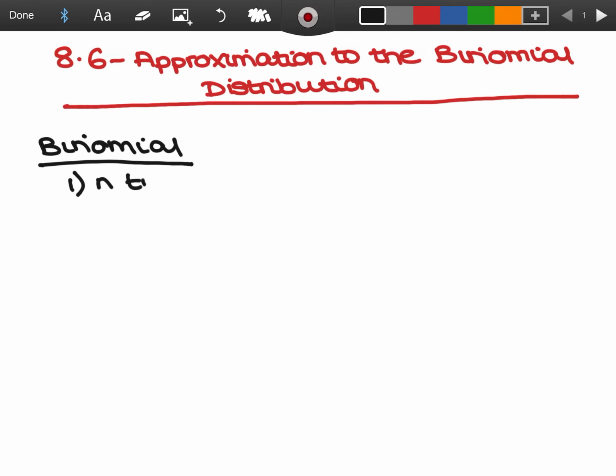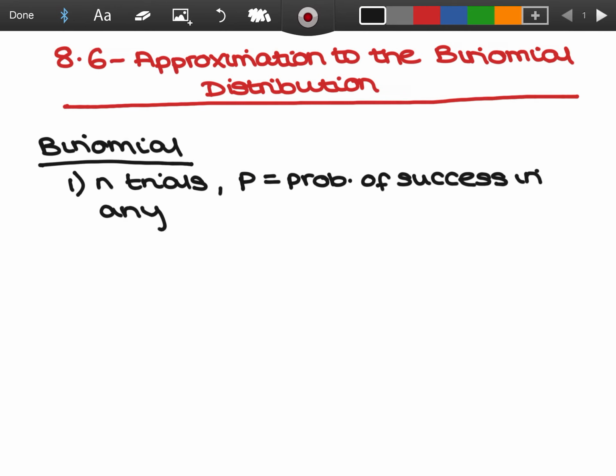So we have n trials, and the probability of success in any one of those trials was given by the probability p. So p is the probability of success in any trial. So let's say you had 10 trials, and then for each trial, the probability of success in any one of those trials was given by p.